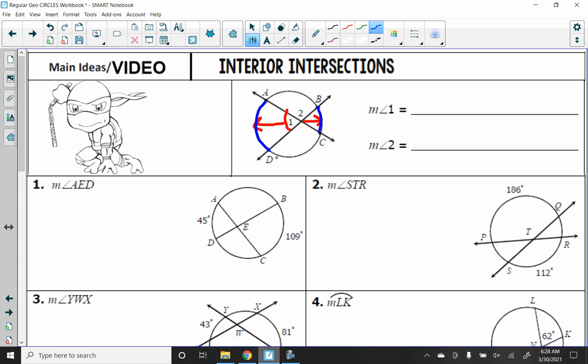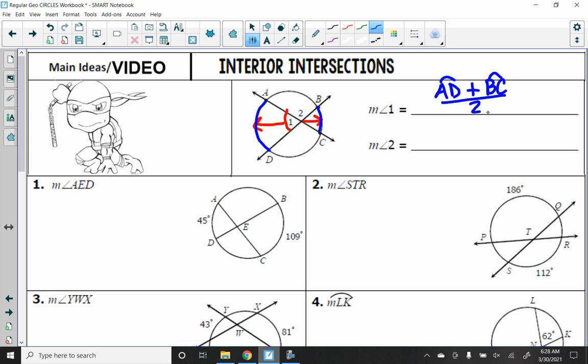So to find angle 1, you would take those arcs that I just highlighted in blue, arc AD and arc BC, and you would just add them and divide by 2.